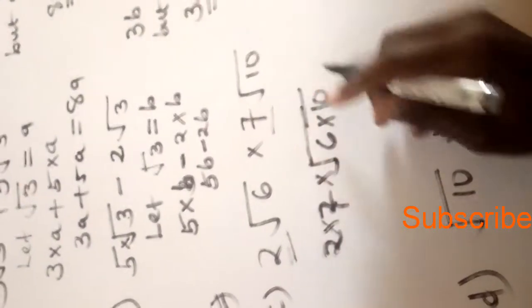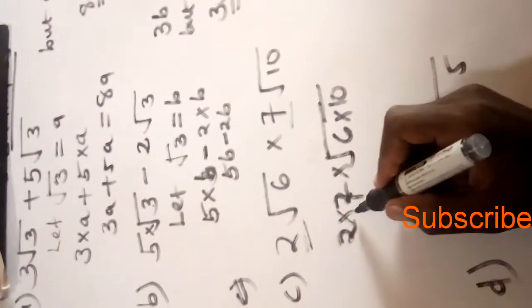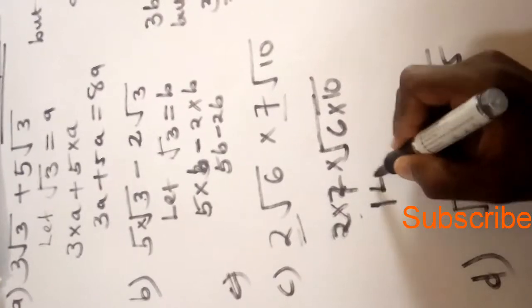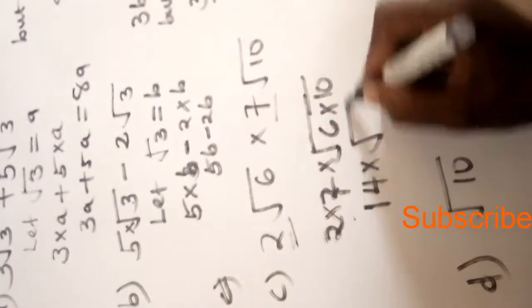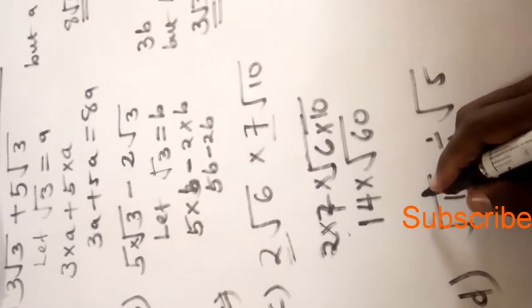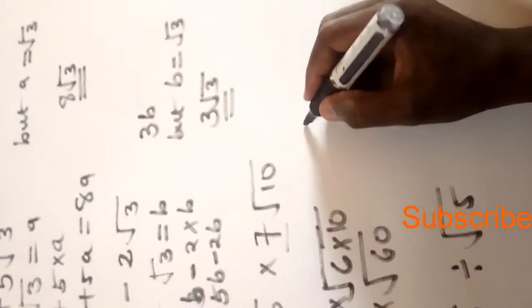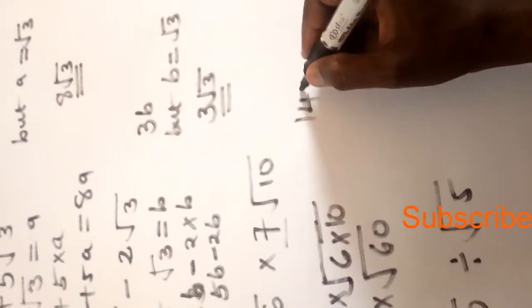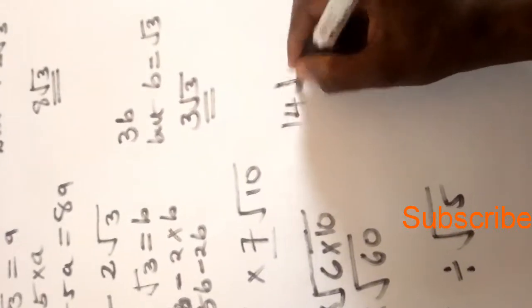We put it under one square root, and we are going to get 14 root 60.